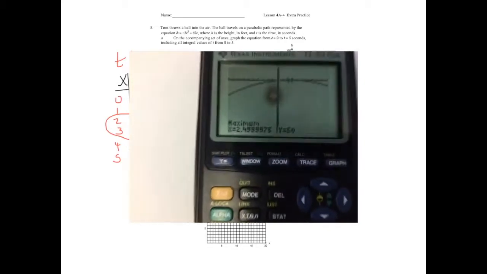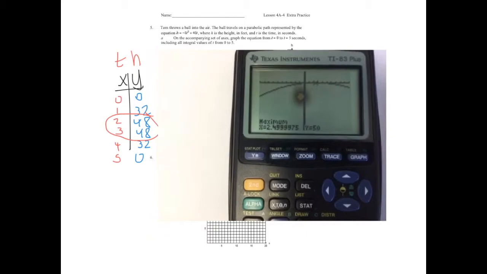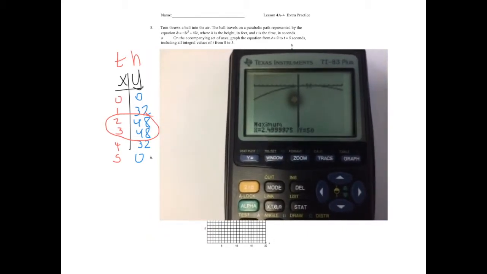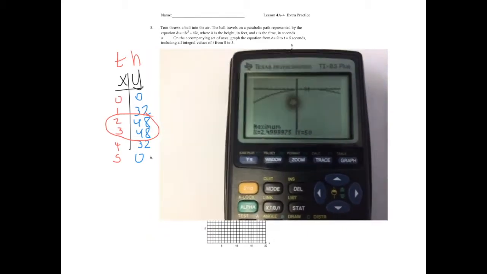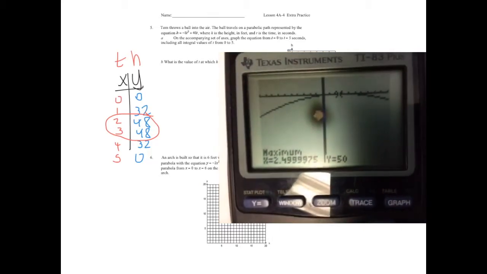So this is my vertex. Now some people would think that based on this, your vertex is 2, 48 or 3, 48. No, that's not the vertex. The vertex is actually at 2.5, 50. You see that? 2.5, 50.